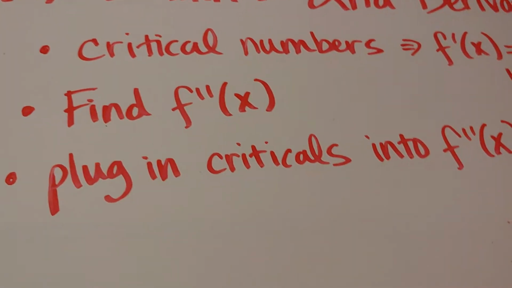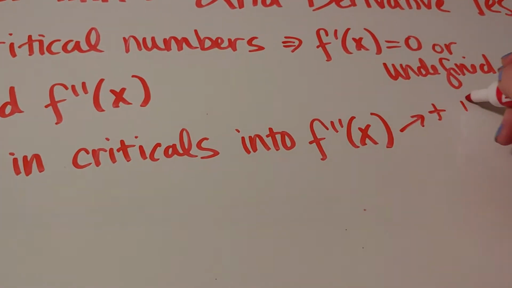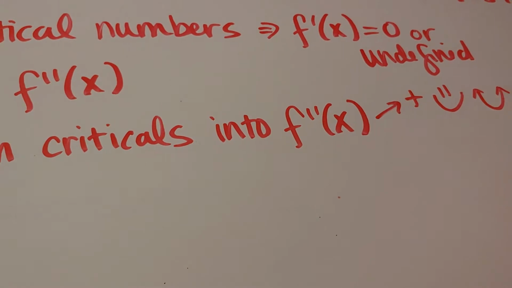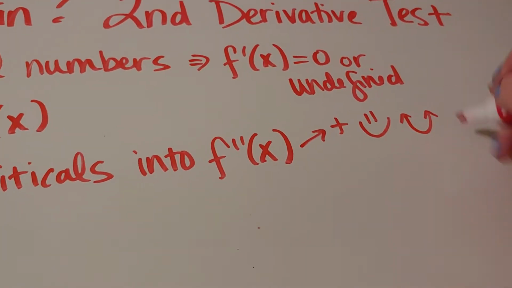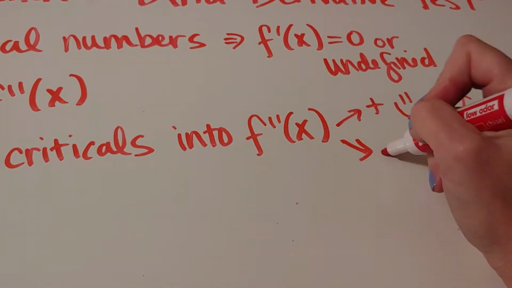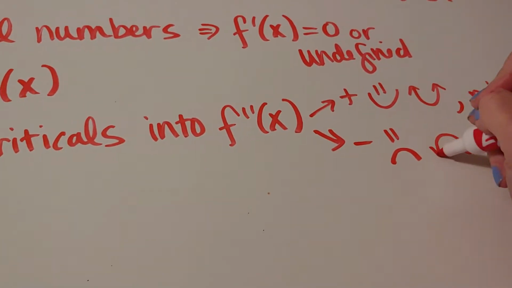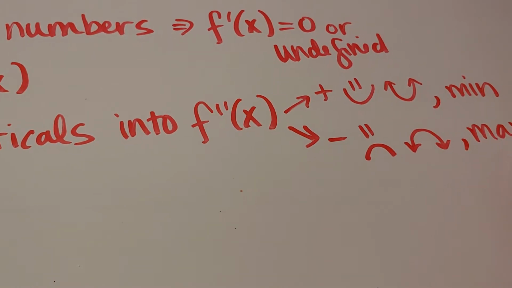And what that'll tell us is that if I get a positive number, if you're positive, you're happy, you're concave up. And if you think about it, what kind of extrema would you have if you're concave up? You'd have to be a min. If I get a negative, I'm sad, and it means I'm concave down. But if I'm concave down, the type of extrema you'd have would be a max.